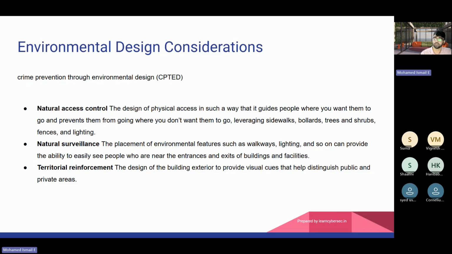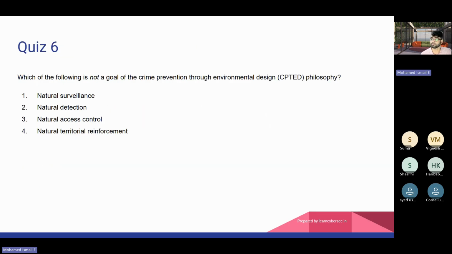This is where the government or restricted area is. They put a clear signboard, right? So that way the territorial reinforcement happens. In the secure area, the public shouldn't be allowed, right? So that way environmental design consideration helps companies to save the building or premises from unauthorized access.